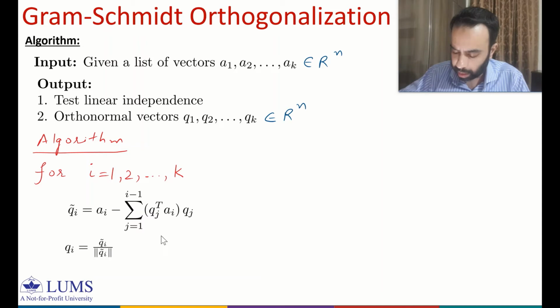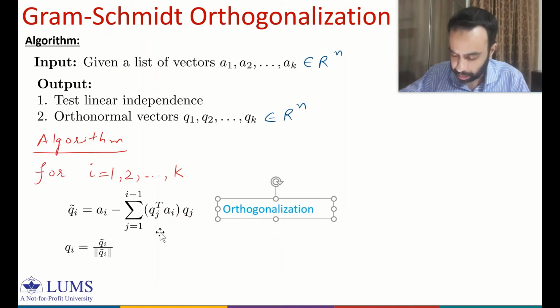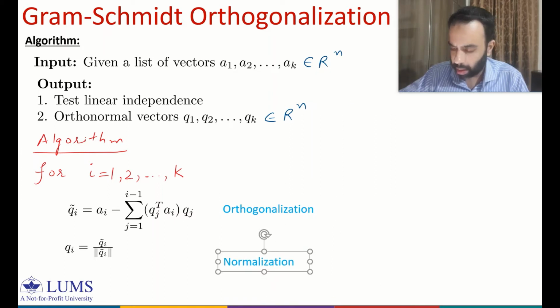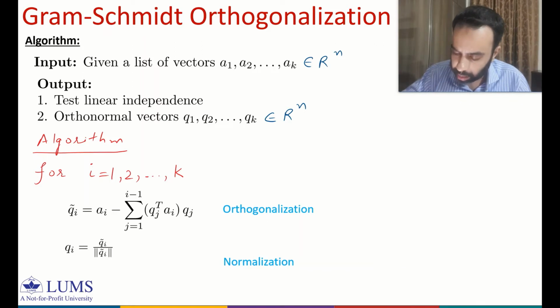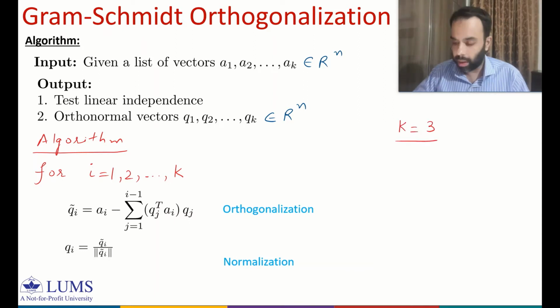There are special names for these two steps. The first step is referred to as orthogonalization, because this is the main step. In the second step, we are simply carrying out normalization. Let me explain the working of this algorithm. For better understanding, we take k equal to 3 and run the algorithm.